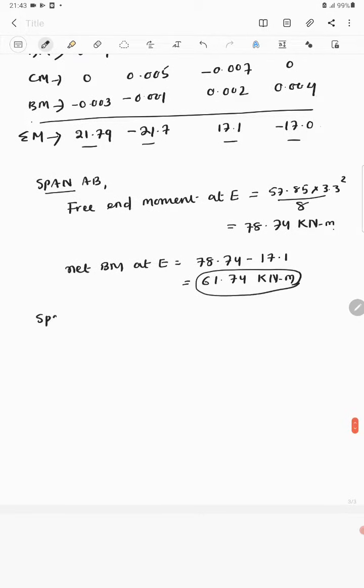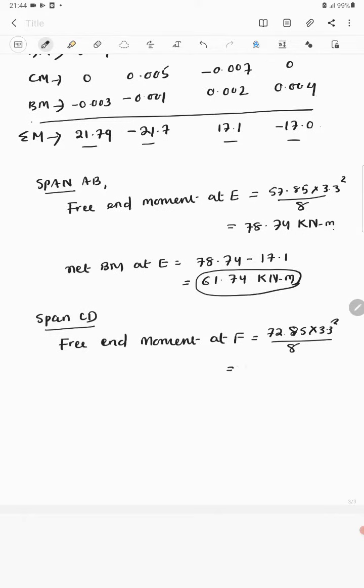For span CD, the free end moment at F is equal to 72.85 into 3.3 square divided by 8, which is equal to 99.16 kilonewton meter.